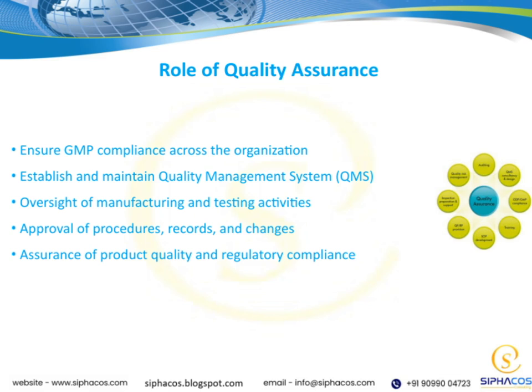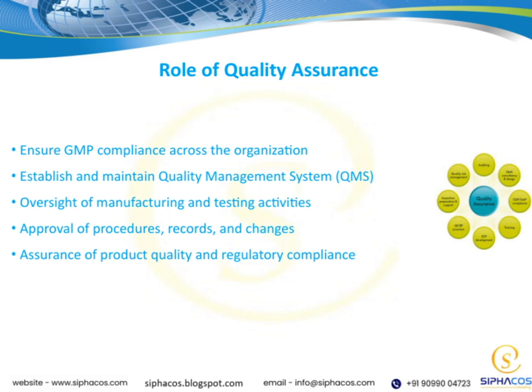Oversight of manufacturing and testing activities is another key aspect. It involves monitoring these processes closely to ensure they adhere to our quality standards and regulatory requirements. Approval of procedures, records, and changes is also a vital part of QA's role. It means that any modifications or new procedures are carefully reviewed and authorized before implementation, safeguarding consistency and compliance.